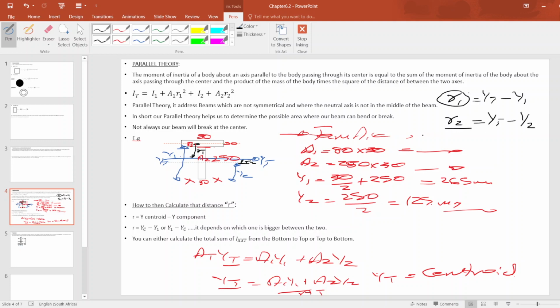Now it will depend on which one is bigger. Let's say, based on our findings, our Y1 is bigger than our YT for R1.